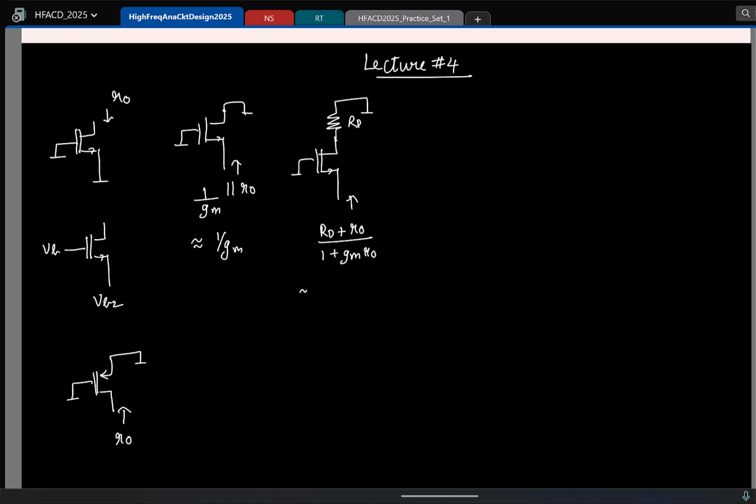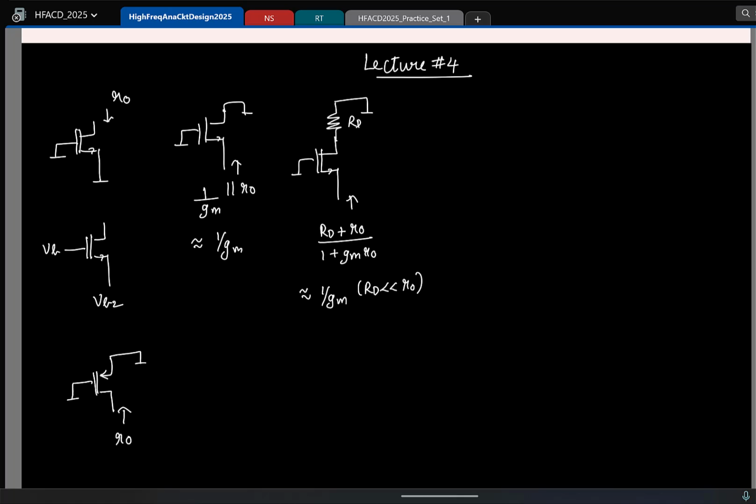And when can I approximate this to be 1 by gm? At least from this expression, it's not just gm R0 greater than 1. You should have RD smaller compared to R0. Then you can ignore this part and you get only this term that becomes 1 by gm. So this is true if RD is much smaller than R0.